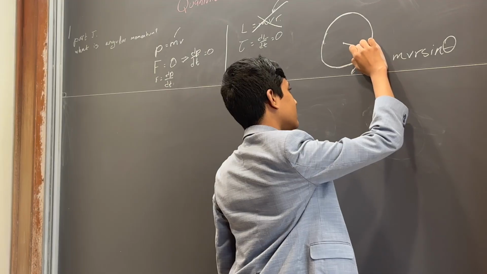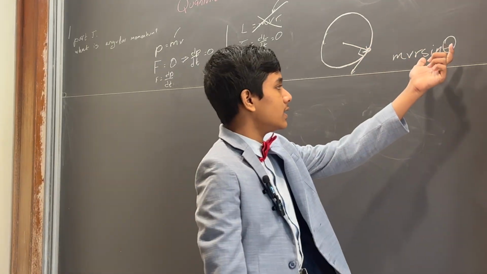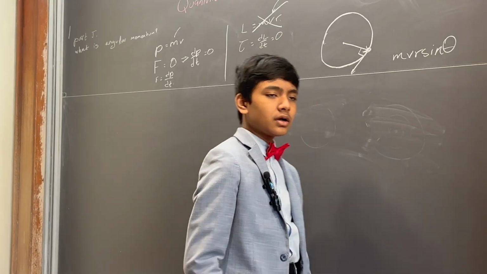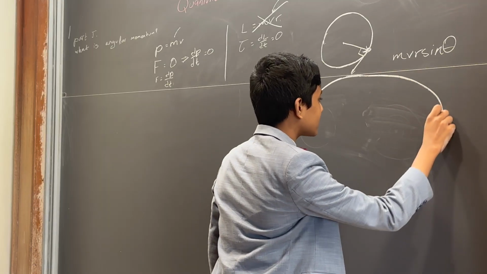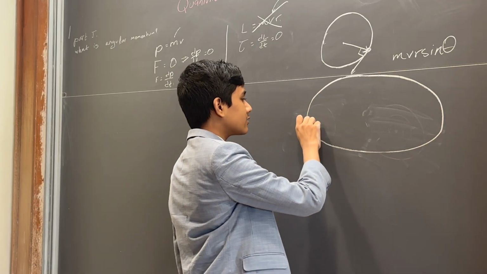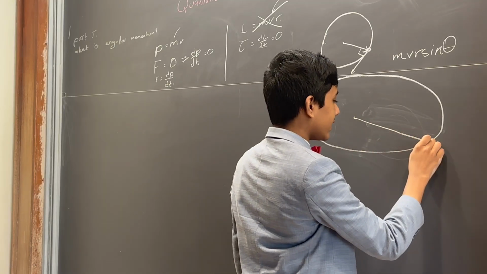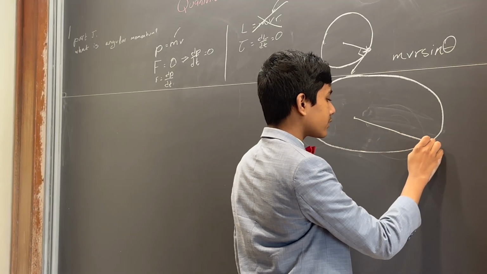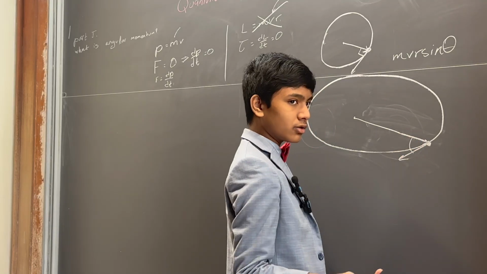Of course, in a circle, that's always a right angle, which makes sine theta 1, so you don't have to worry about it. But with something like an ellipse, especially an ellipse with high eccentricity, you can't say that the radial vector and the momentum vector are going to be perpendicular to one another all the time.